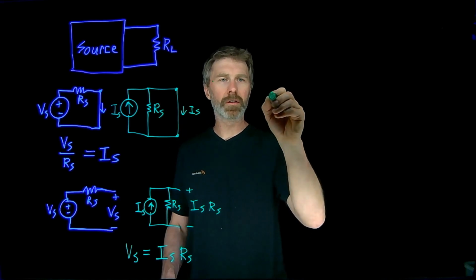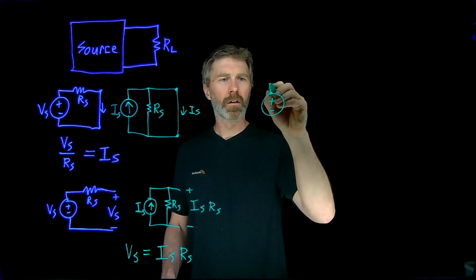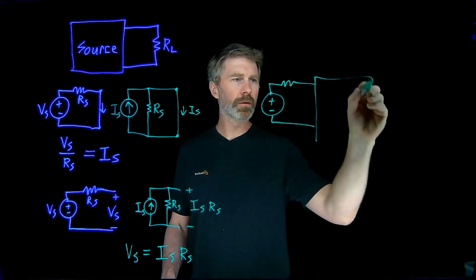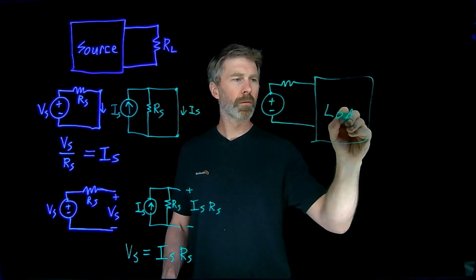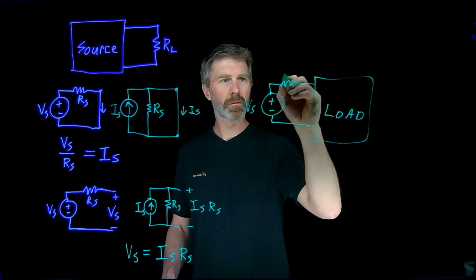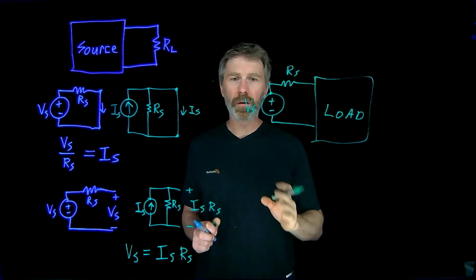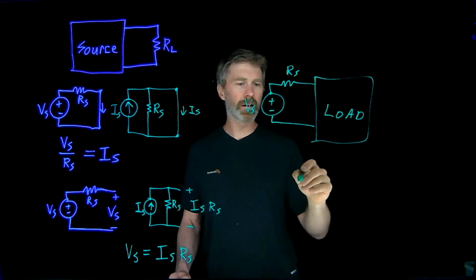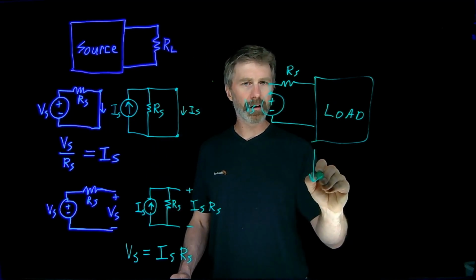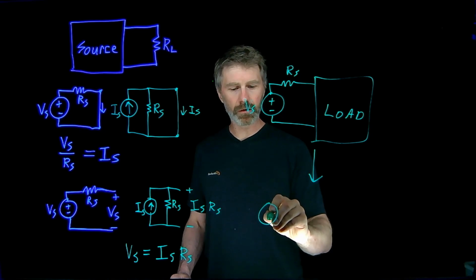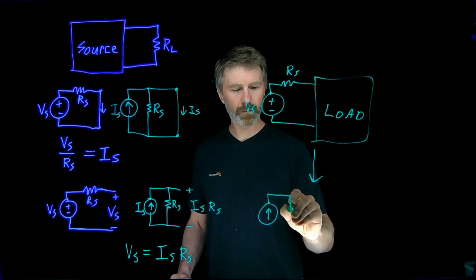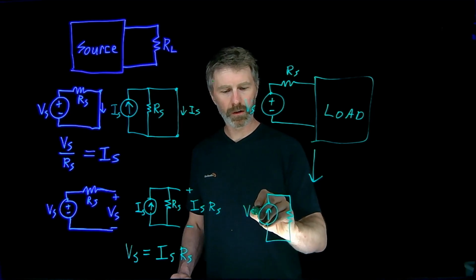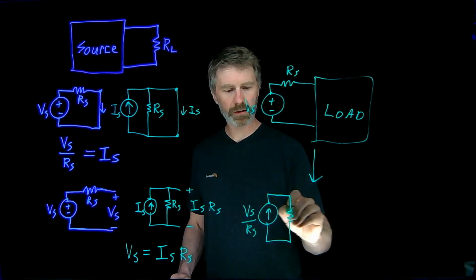So if I'm given this in my circuit, and this is connected to some kind of load, if it makes it easier for me to solve or analyze the circuit, I can convert that into a current source, where that current source is equal to Vs over Rs.